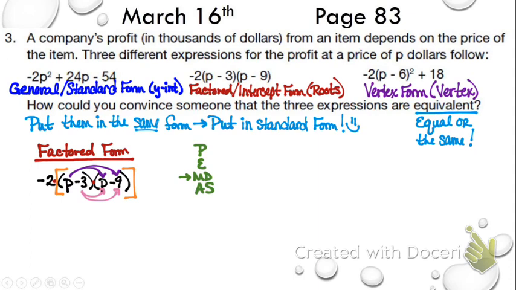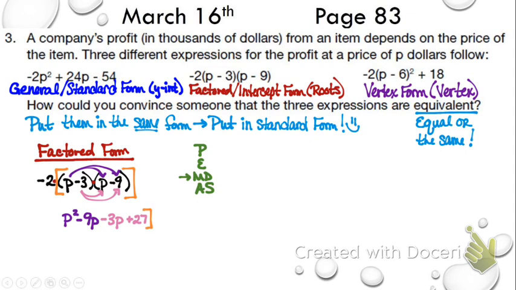P squared. What about p times -9? -9p. And then we take the 3 and distribute it also, and it's a -3, right? So what do I have next? -3p and a +27.